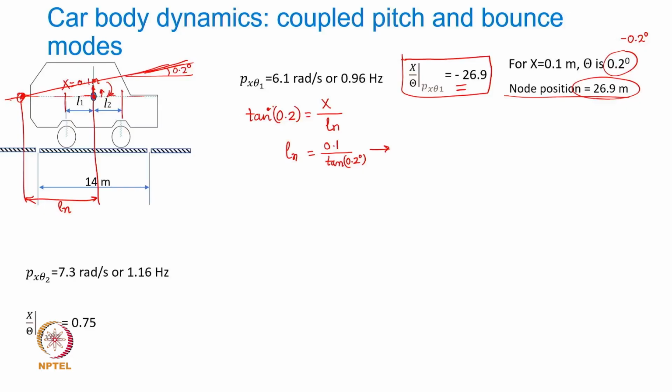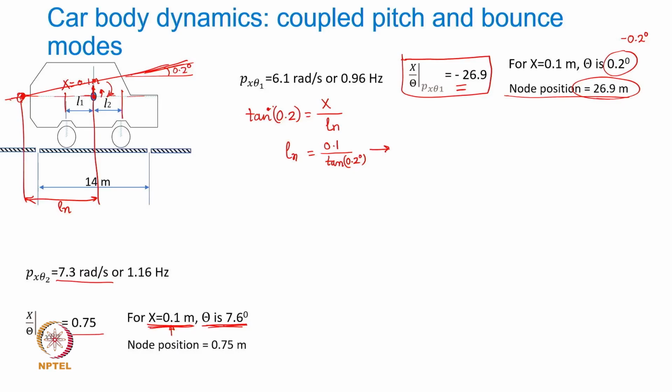If you use this particular natural frequency in your expression of x over theta, it has given you 0.75. Now again, for this particular case, if I use the amplitude equal to 0.1 meter, what is the relative theta when x is so much? So it is always relative. This value will change if you change the value of x. Okay, so their ratio will always be maintained constant.